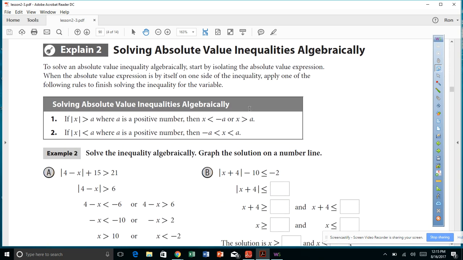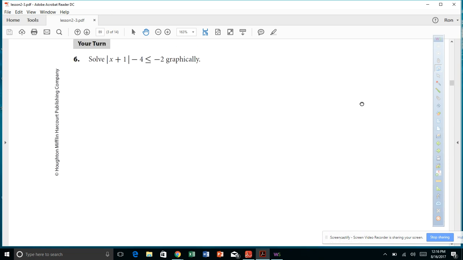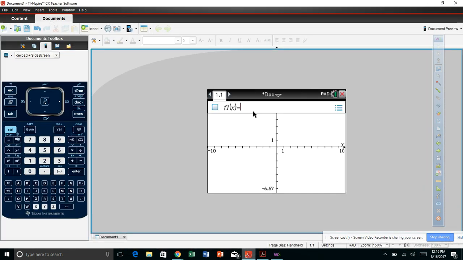Explain 2. Solving absolute value inequalities algebraically. To solve an absolute value, and before we move on, let's do this in a calculator. It's neater. It's much neater. Unless you got graph paper, when you try to do a freehand like that.